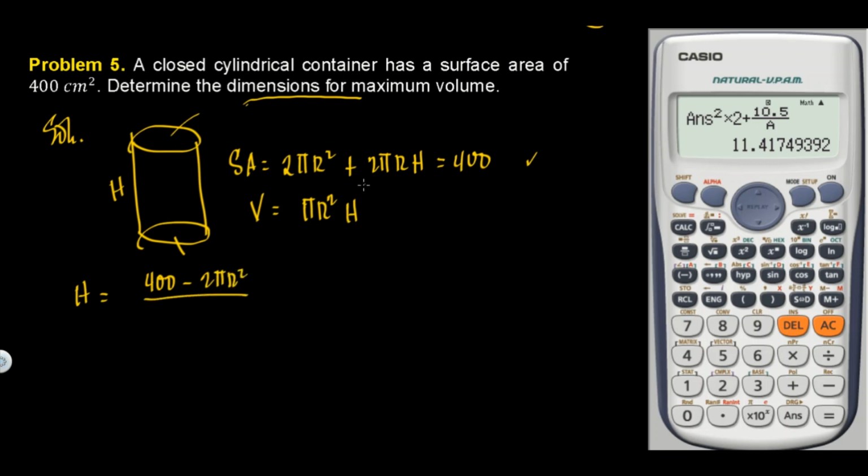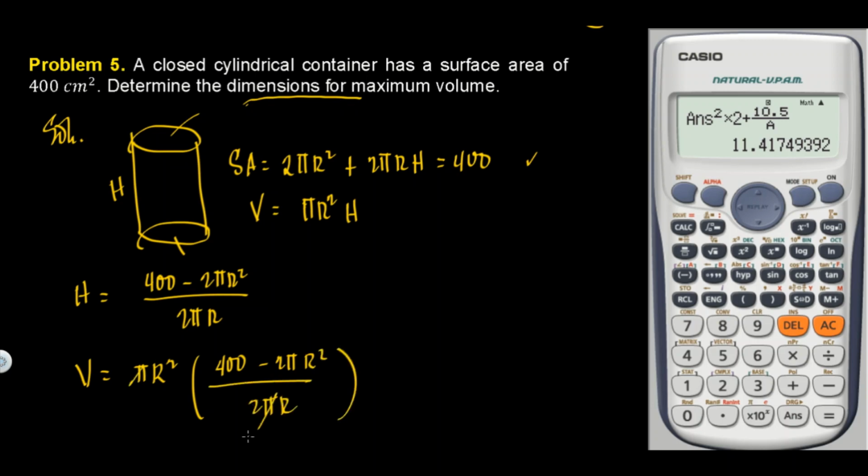Then divide both sides by 2 pi r. So, h is equal to this. Then V is equal to pi r squared times h. So, we have 400 minus 2 pi r squared over 2 pi r.